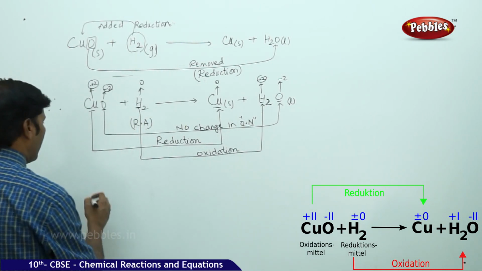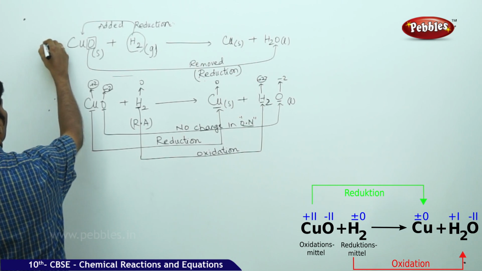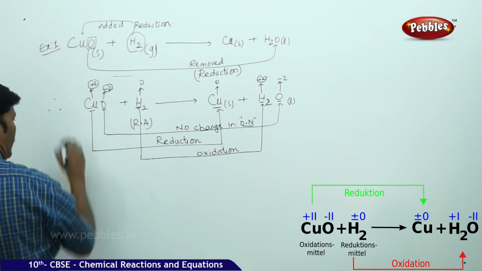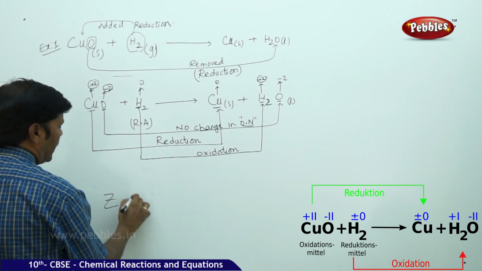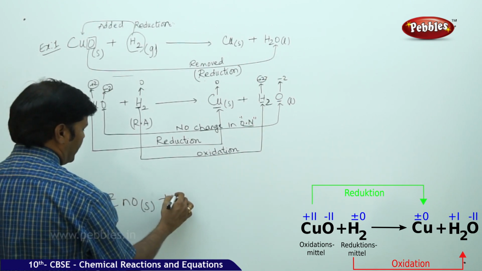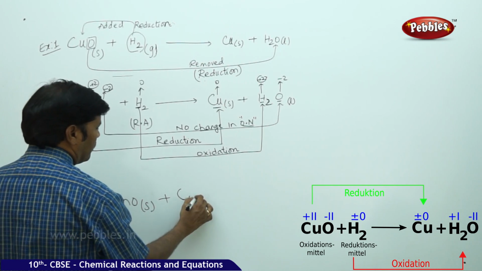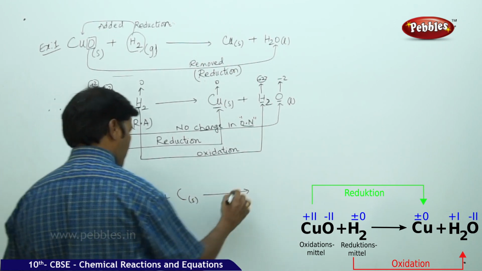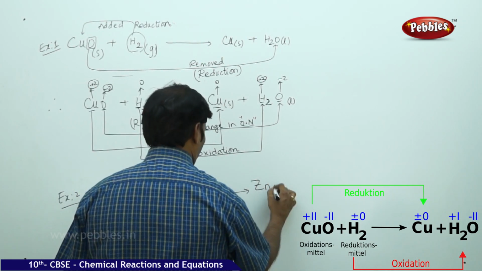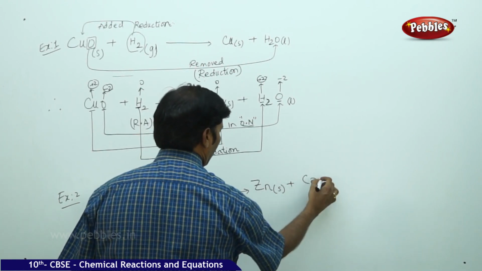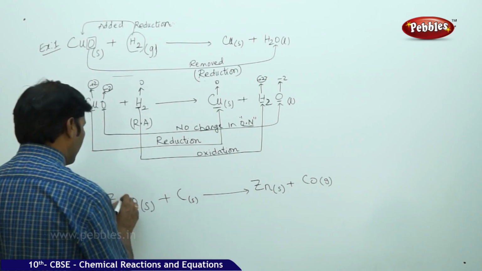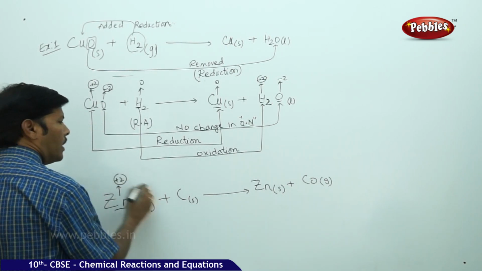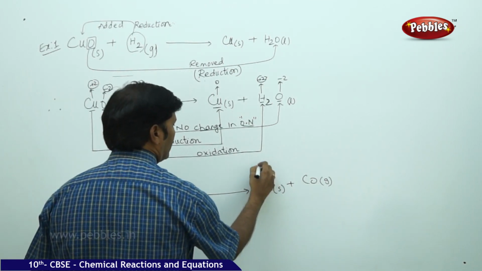Suppose one more example I would like to give you. This is example 1. Example 2, you take zinc oxide solid plus carbon solid, you get zinc solid plus carbon monoxide gas. So here zinc is plus 2 and here zinc is 0 oxidation state.